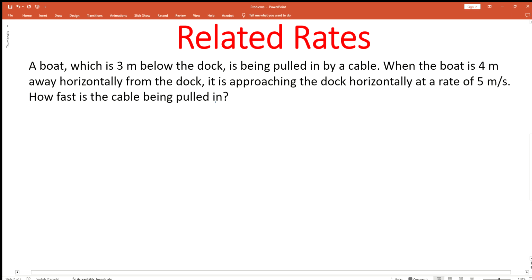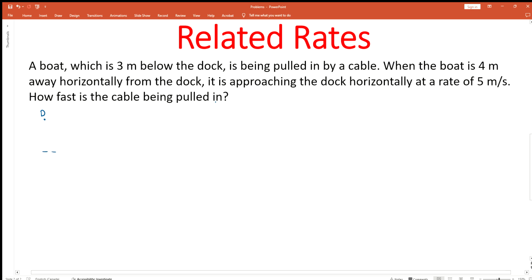The first step is to draw a diagram for this problem. Let's assume the dock is at point D. The water level is 3 meters below the dock because the boat is 3 meters below the dock and is being pulled in by a cable.